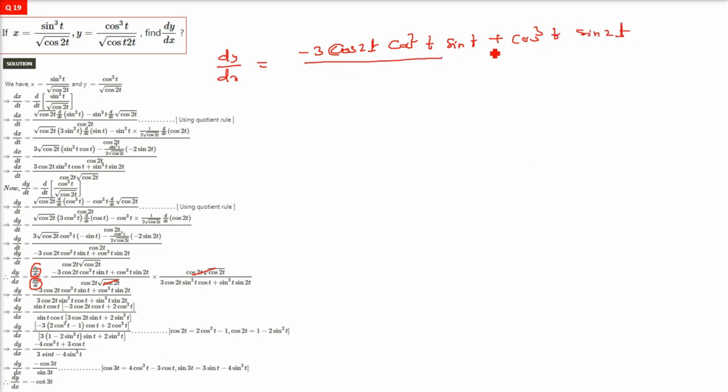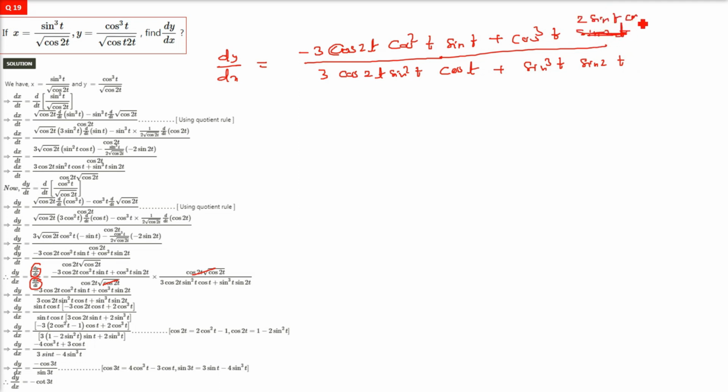In the denominator you will have 3 cos 2t sin square t cos t, and the second term will be sin cube t sin 2t. Now sin 2t you have to write as 2 sin t cos t.